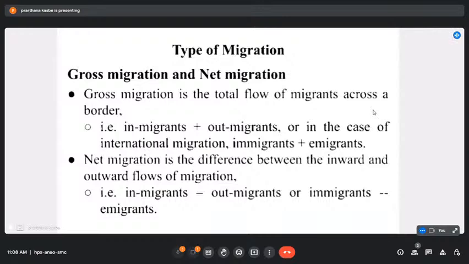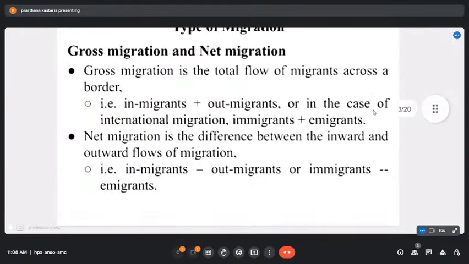The next one is net migration. It is the difference between the inward and outward flow of migration. Inward flow: the people who come to India. Outward flow: the people who go to another country from India.